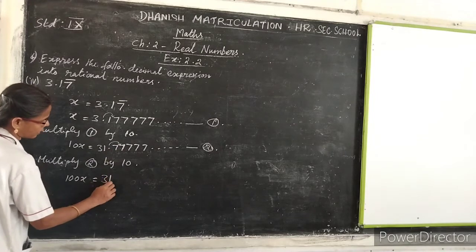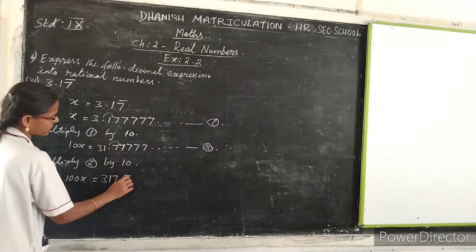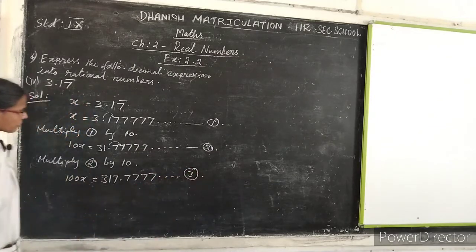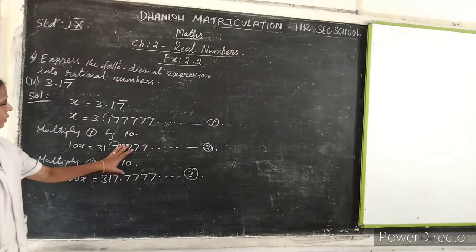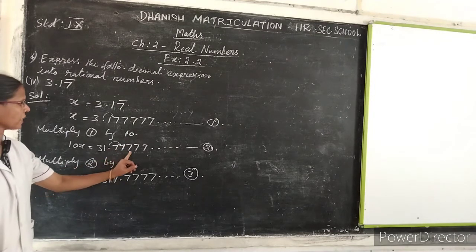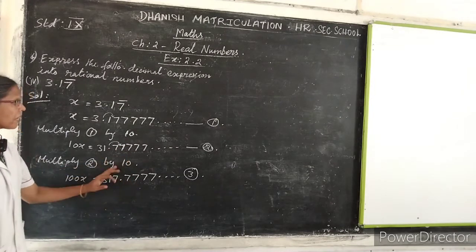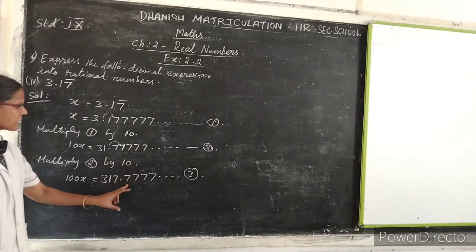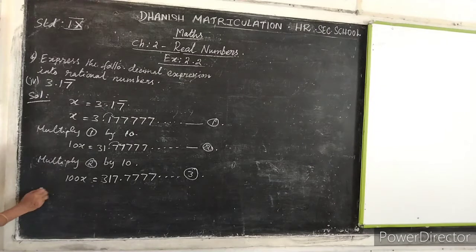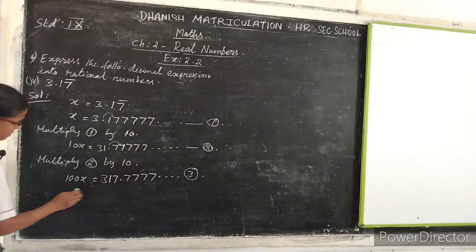So 317.7777 etc. This is the third equation. In the second and third equations, only after the decimal point the digits are equal. Therefore subtract the second equation from the third equation.